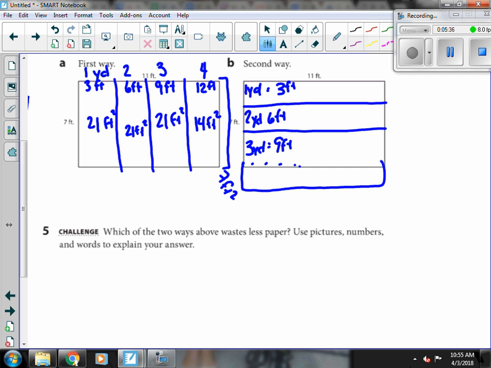So our first way uses 21 plus 21 plus 21 plus 14.